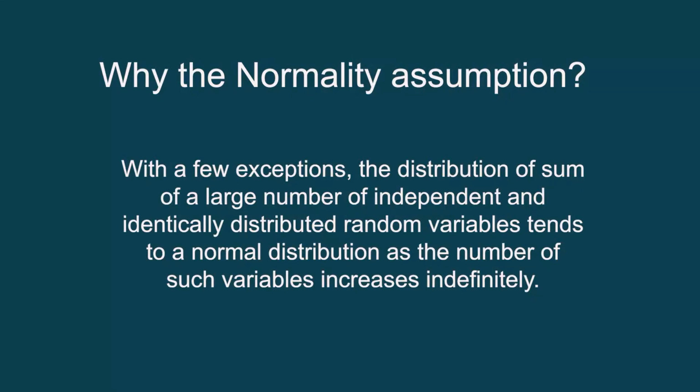The very first important point is that the distribution of the sum of a large number of independent and identically distributed variables tends to a normal distribution as the number of variables increases indefinitely. This means with an increase in the number of observations, on average it will follow a bell-shaped distribution.